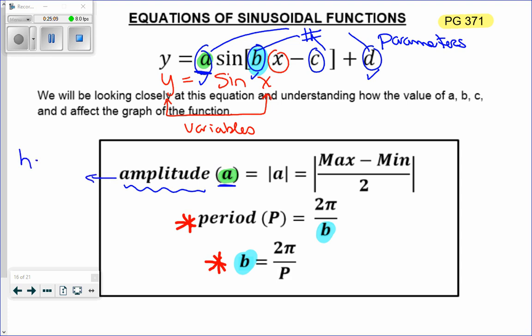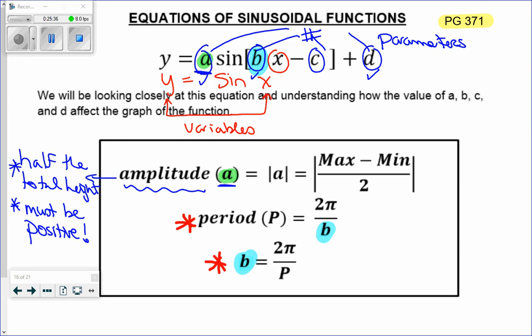Amplitude is half the total height. Now, a couple important things with amplitude. First thing, half the total height. Secondly, it must be positive.